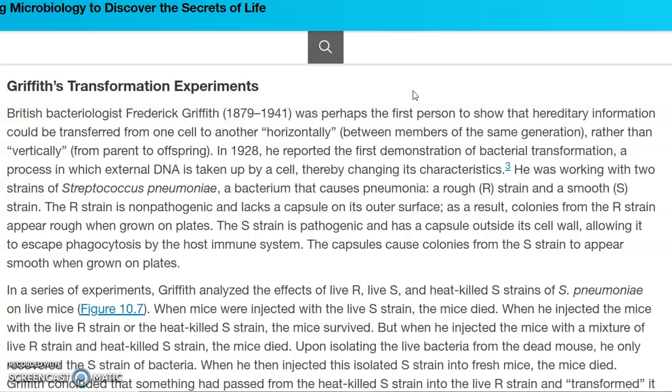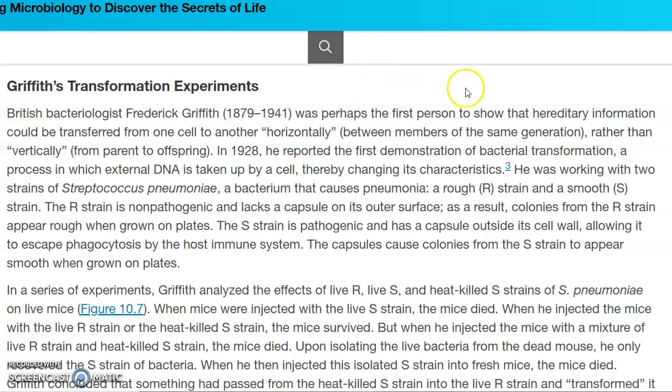This is a process he demonstrated called bacterial transformation.